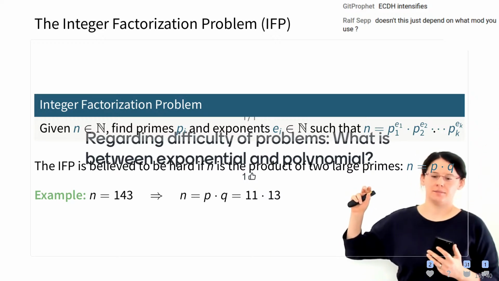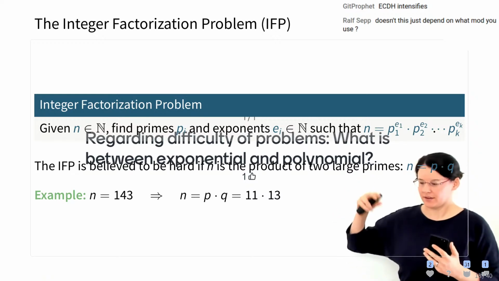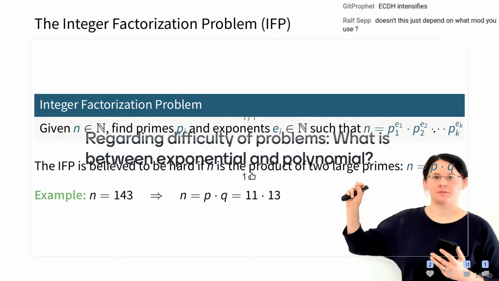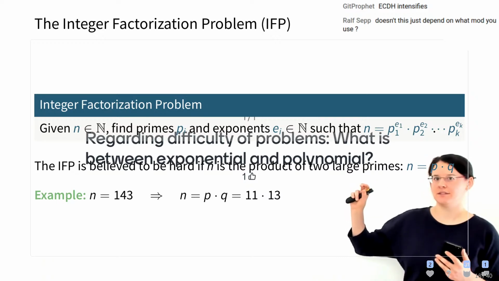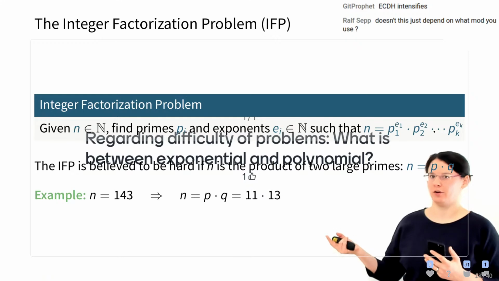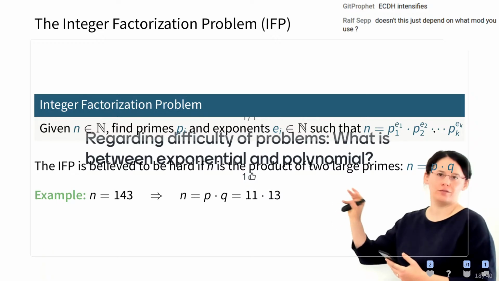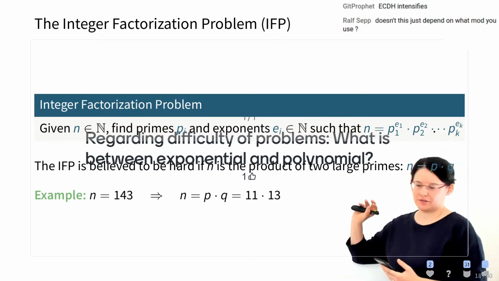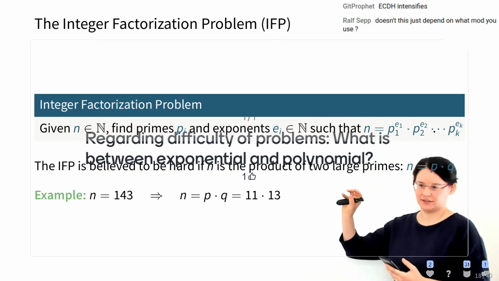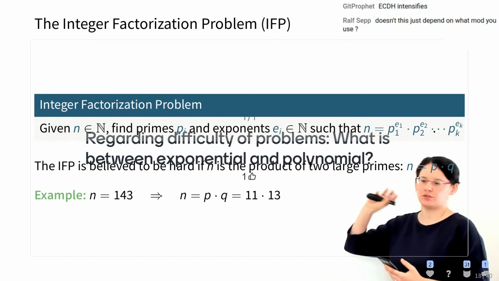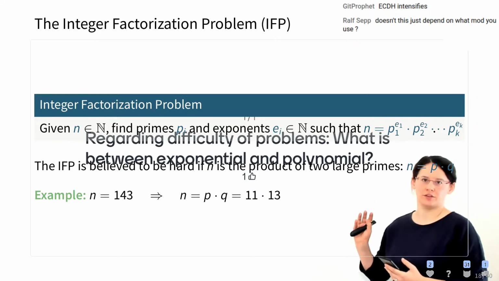Now if you write something like n in the exponent, so for example 2 to the power of n, this would be an exponential function. If you write 2 to the power of log n, this is similar to just having n. This would be a polynomial function. So you can rewrite any polynomial as 2 to the power of log of my number. And now if you look at a number to the power of something that depends on n, and you have neither just n nor just log n, but you mix the two, then you have something between exponential and polynomial.